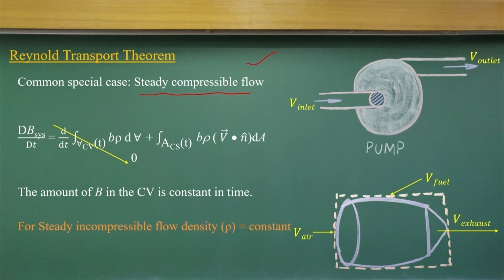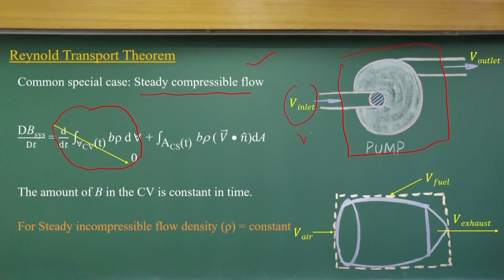If those are the conditions, your major part becomes 0, because d by dt becomes 0. Let us consider this case: I have V inlet coming in, V outlet going out, and a pumping system. If V inlet is constant, you can observe that V outlet will be constant, and steady state will come.